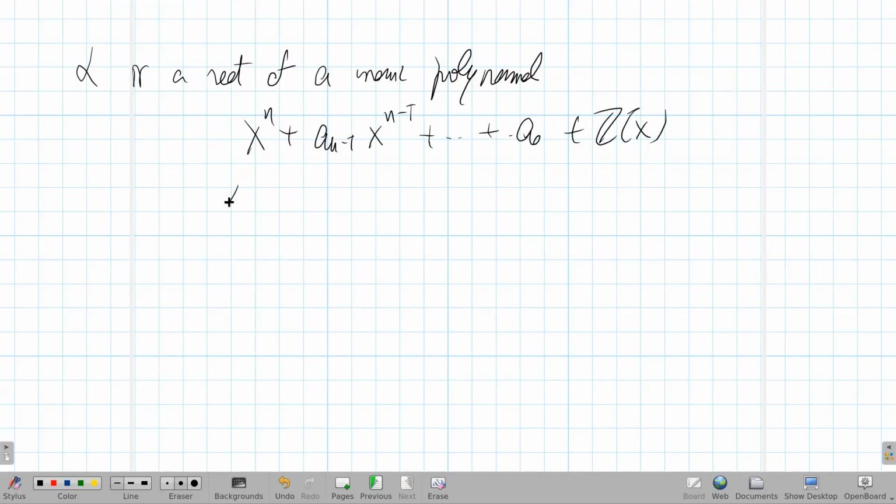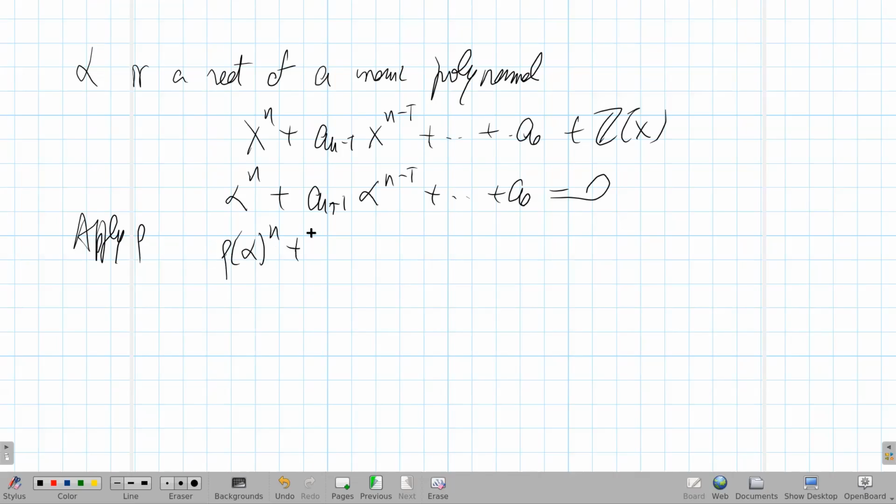So when you evaluate this polynomial in alpha, you get 0. Then you apply rho, which is a morphism, and since it's a morphism, you get the following. Why do you do that?